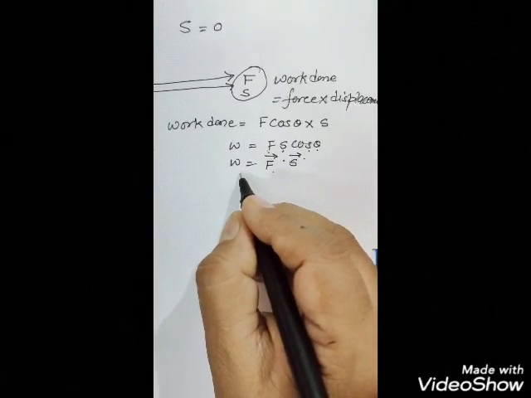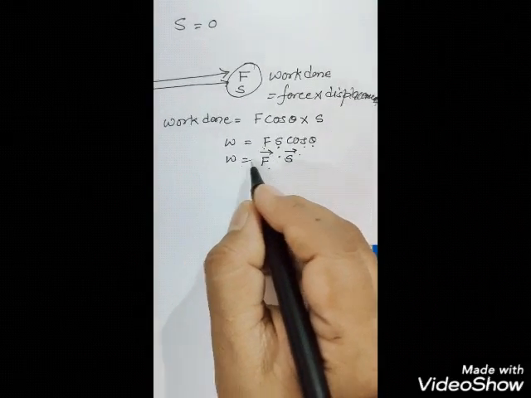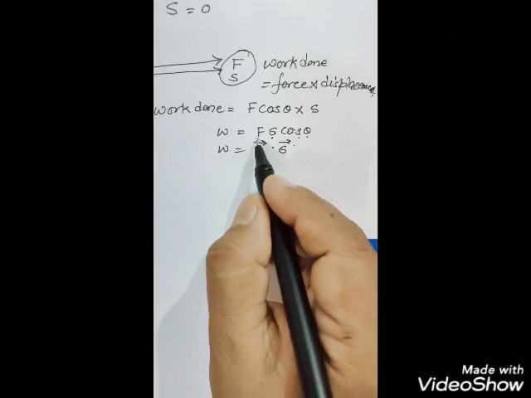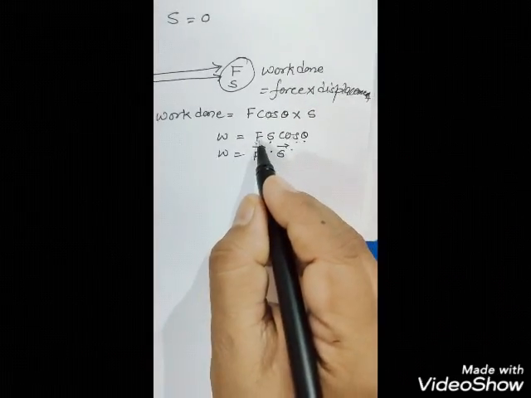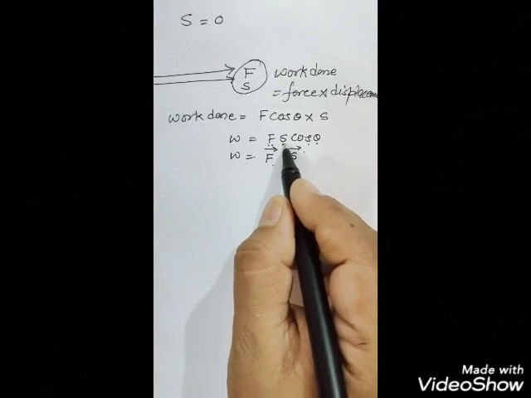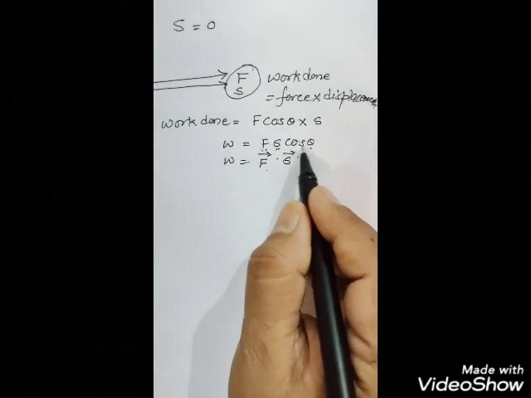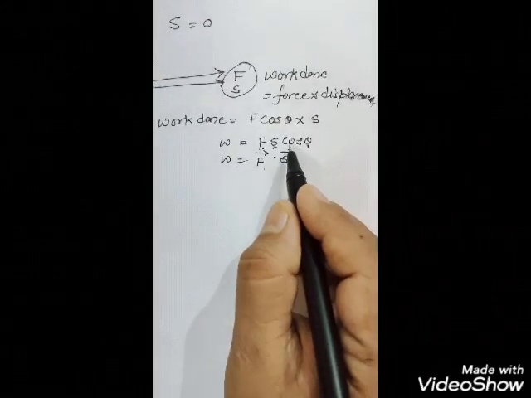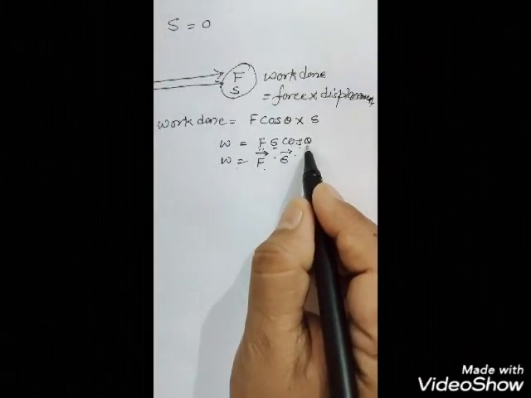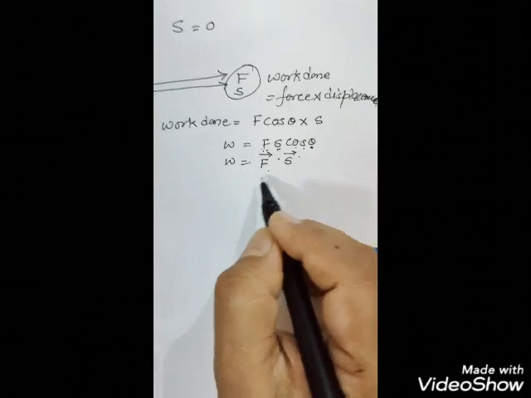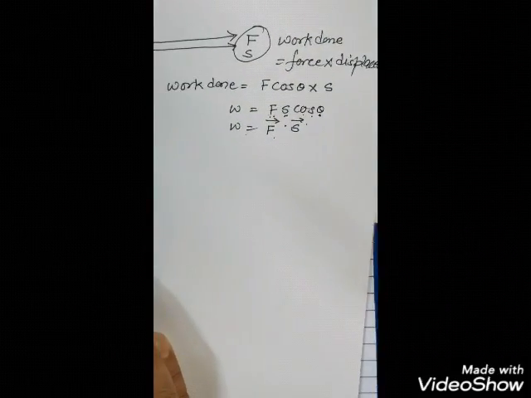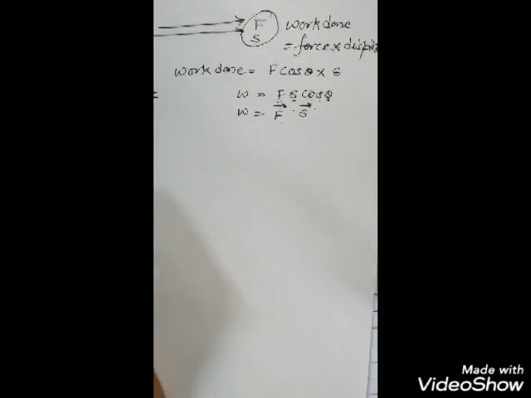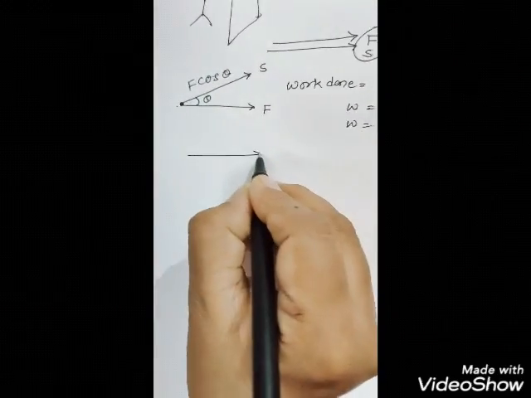That means the work is a scalar quantity and its magnitude is given by Fs cos theta, that is the magnitude of force, the magnitude of displacement, and the cosine of the angle between them. Okay, so this way the work done is given.